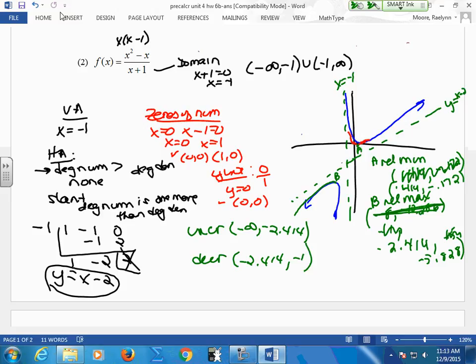It says you can't go past that. Then it jumps up and it starts again and it's decreasing. And it's decreasing again here from the -1 to, where's our point? 0.414. And then again, it's increasing.